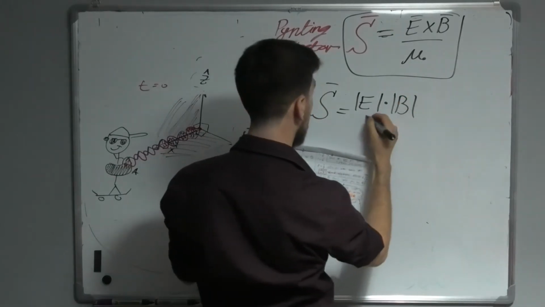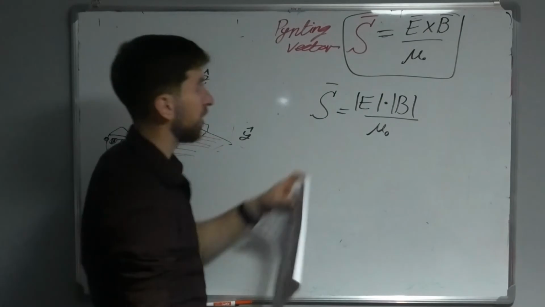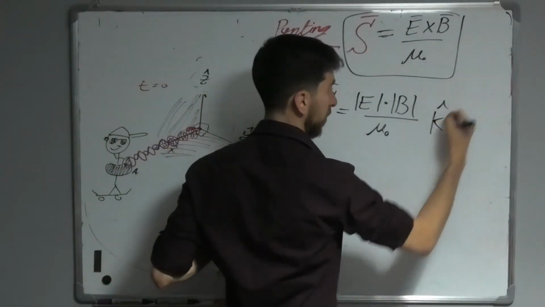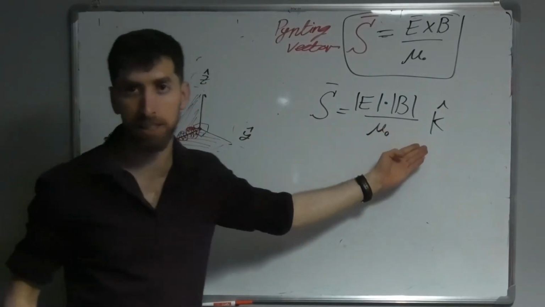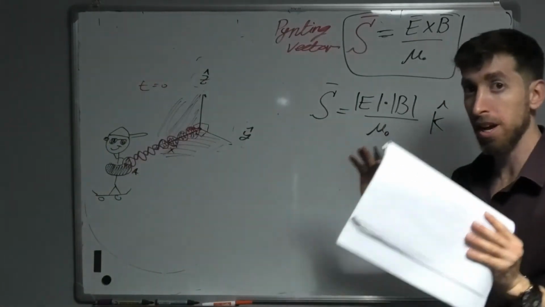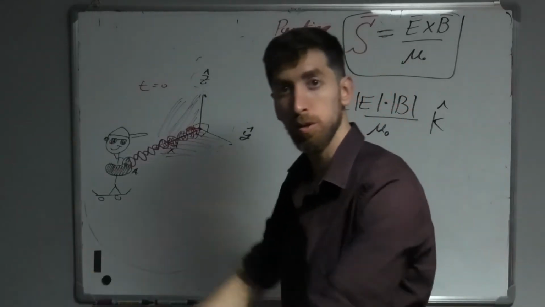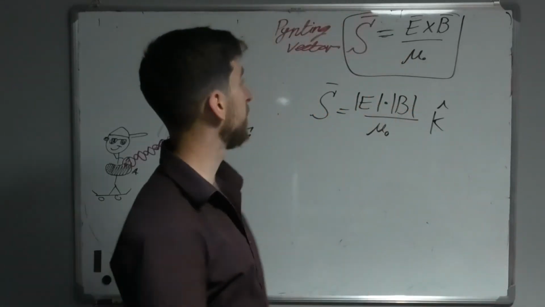And in which direction does the cross give me? Because they are perpendicular, it's going in the K direction, which makes sense. If the radiation is coming in the K direction, where is the energy going to? Yes, the K direction, perfect.